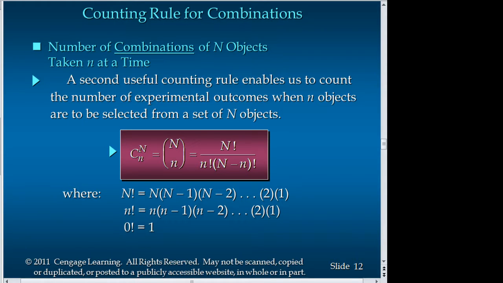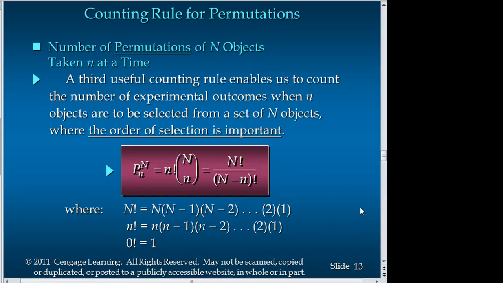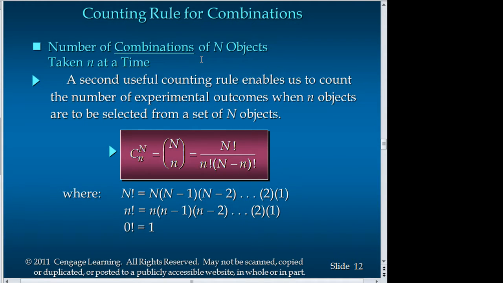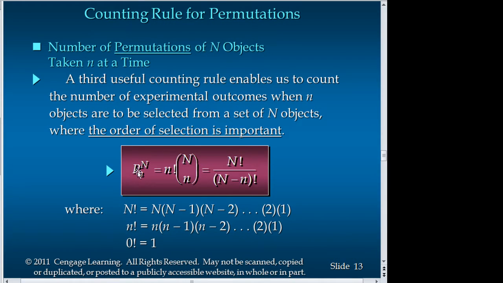Now, the next one is what's called permutation. This case is very similar to our previous one, which is combination. For permutation, they use P. The notation is almost the same. But look at that. This is n factorial over n upper minus lower n factorial. The combination had another lowercase n factorial multiplied there, but permutation doesn't.